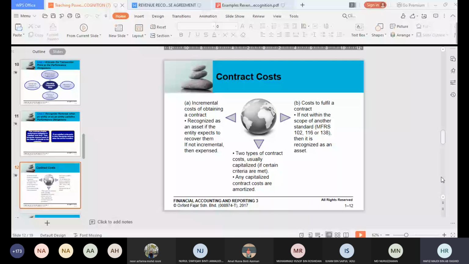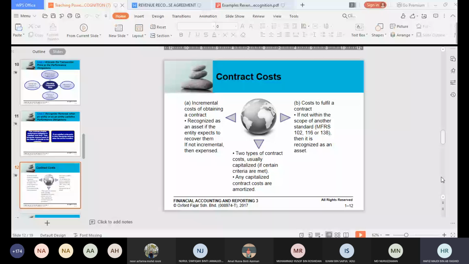Or sometimes you might need to employ additional part-time staff in order to fulfill the contract. Such a cost can also be capitalized. So that is some issue with regard to contract costs. You might incur some other costs in obtaining or fulfilling the contracts. So the issue is, should you capitalize it or should you expense it off?